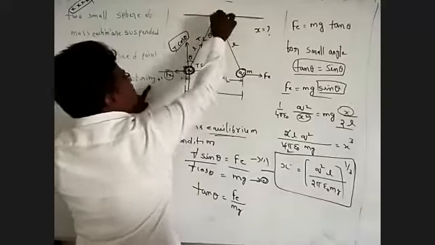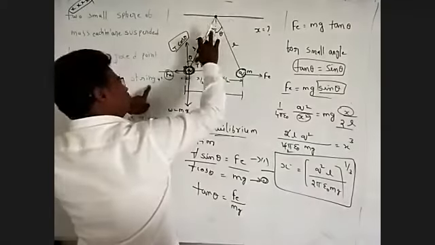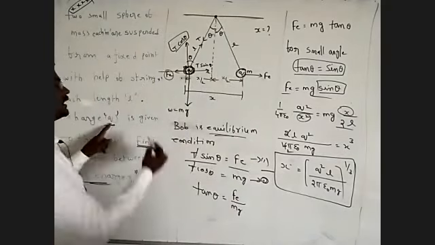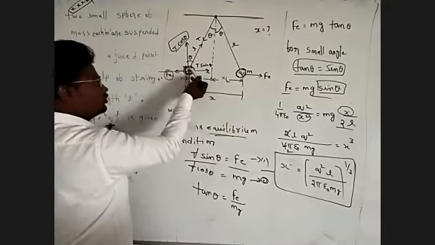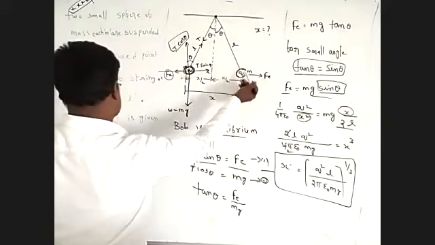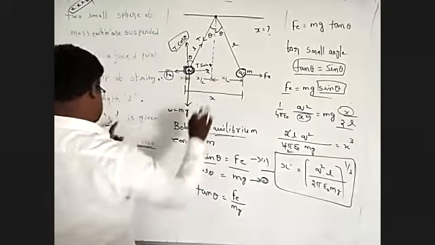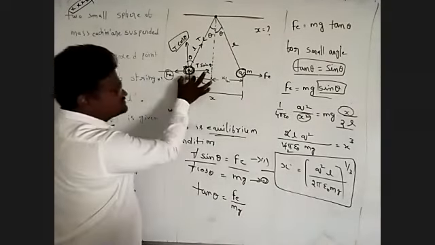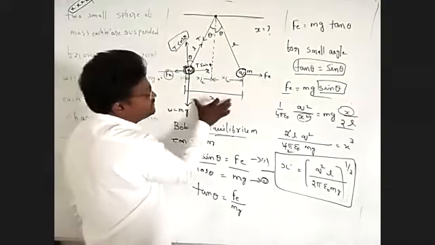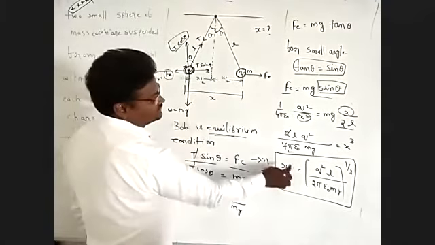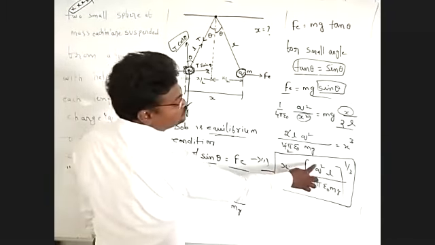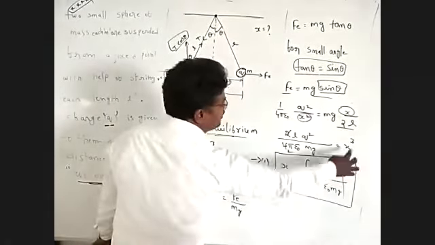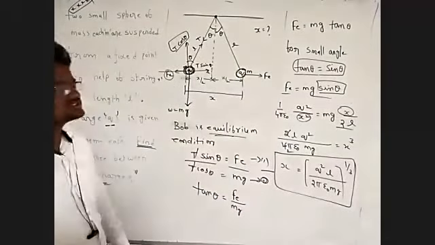This is one string and this is another string, and the length of each string is L. Charge Q is given to one bulb and another Q to the other bulb. What will happen? Both repel each other. Now find the distance between the two charges, x. This x value is x is equal to q square into L by 2 pi epsilon naught into mg, whole power of 1 by 3. Your answer is that one.